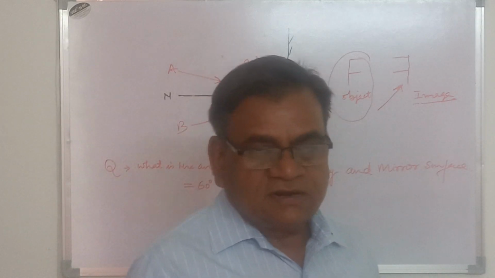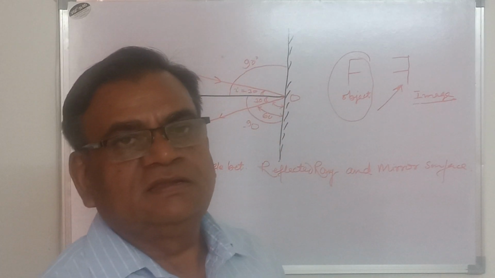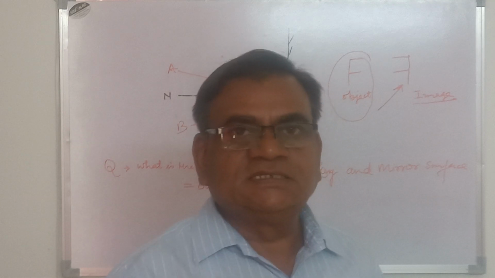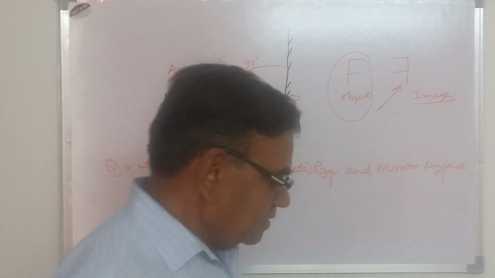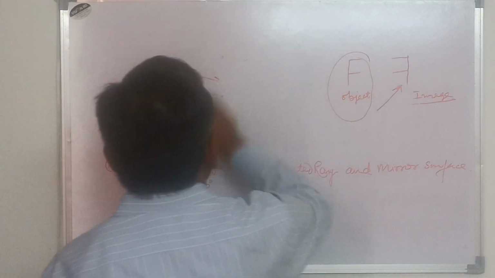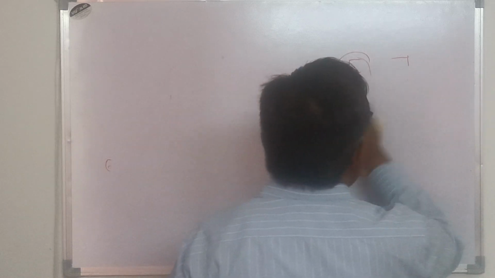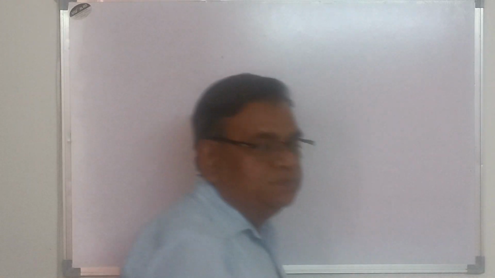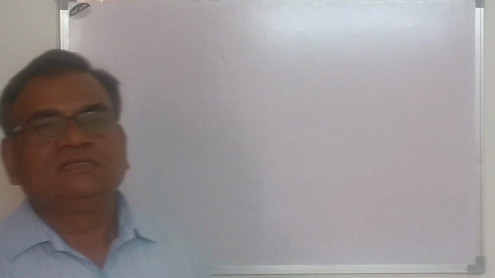How far should he walk towards the mirror so that the distance between him and his image is 5 meters? What the question is: how much should he walk so that the distance between object and image becomes 5 meters.